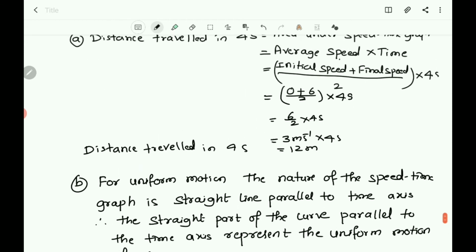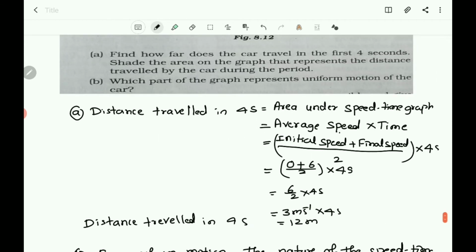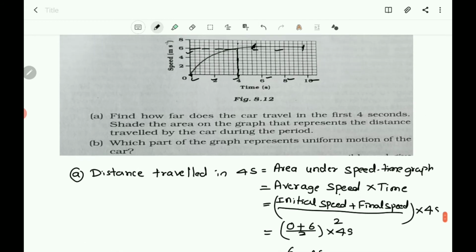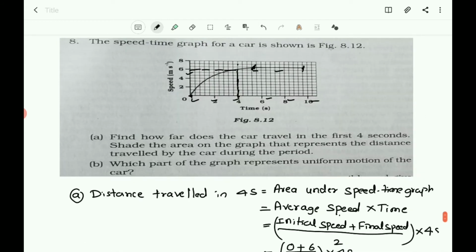So this is the answer for question B of the 8th question. So you got the answer for A and B.